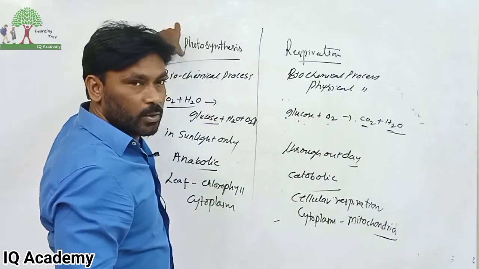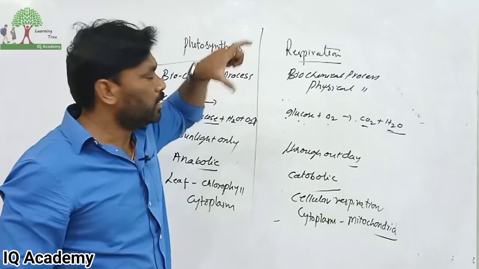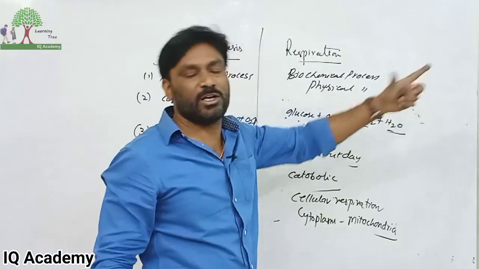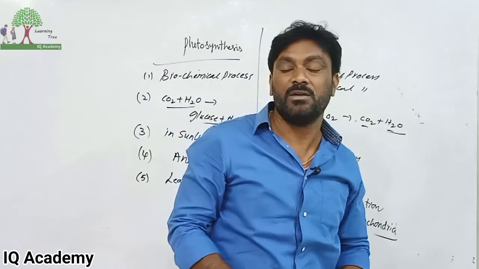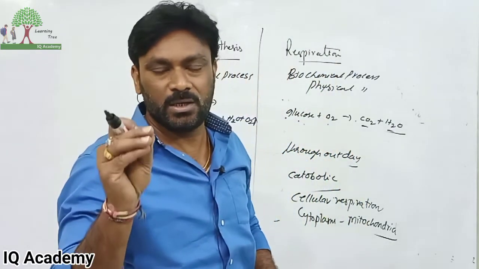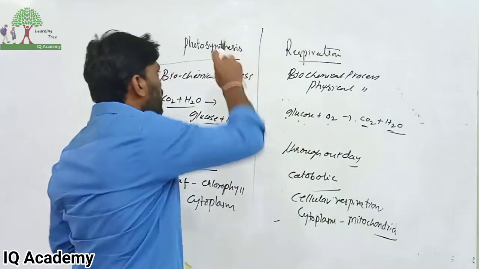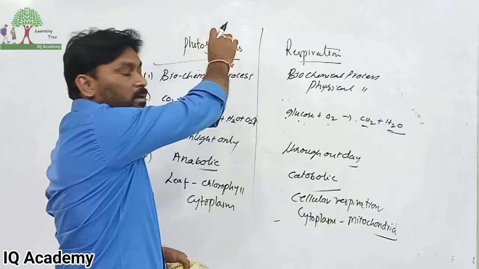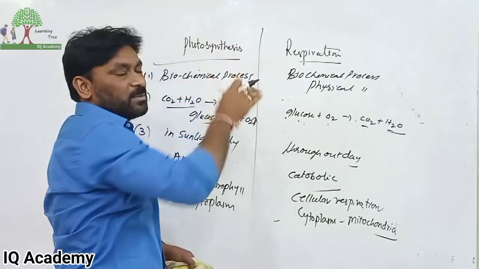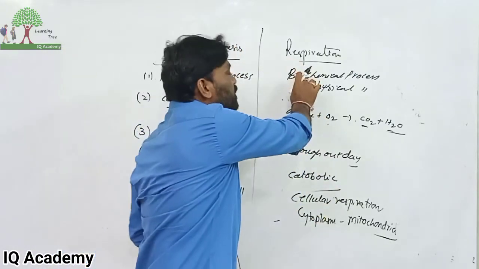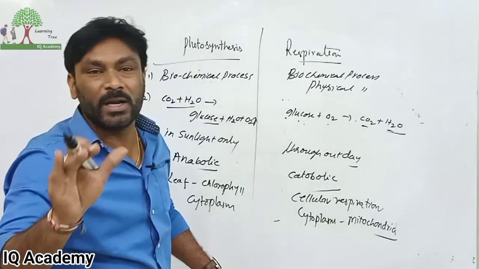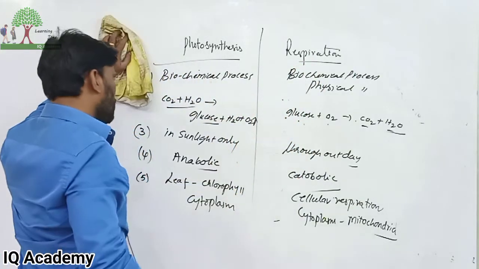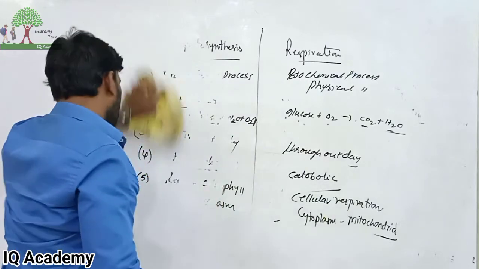Photosynthesis is useful only in plants, while respiration is useful in all other organisms. In photosynthesis, combustion does not take place, while in respiration combustion occurs and more heat is released. So this is about photosynthesis and respiration.